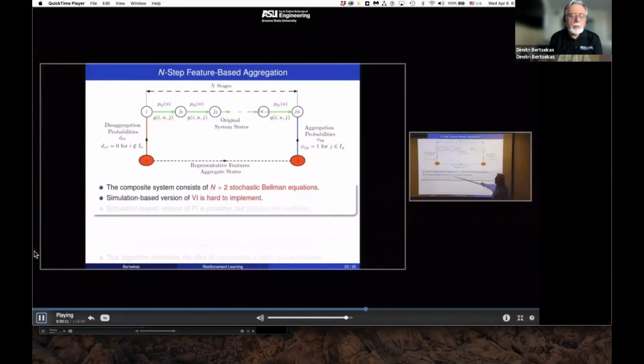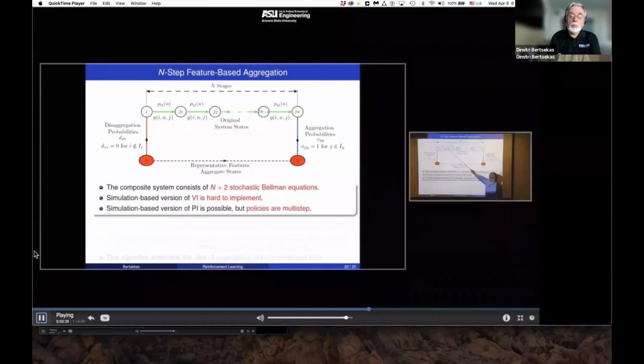Value iteration based on sampling goes out the window, okay? You can't do it. Why? Because there's a minimization over minimization over minimization, each time involving an expectation in between, so it just cannot be implemented. You can implement policy iteration because for a given policy, for these transitions here, you can do Monte Carlo.